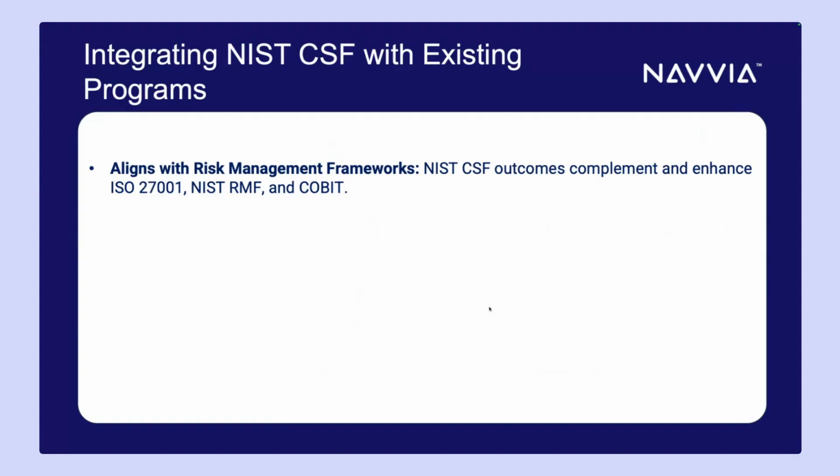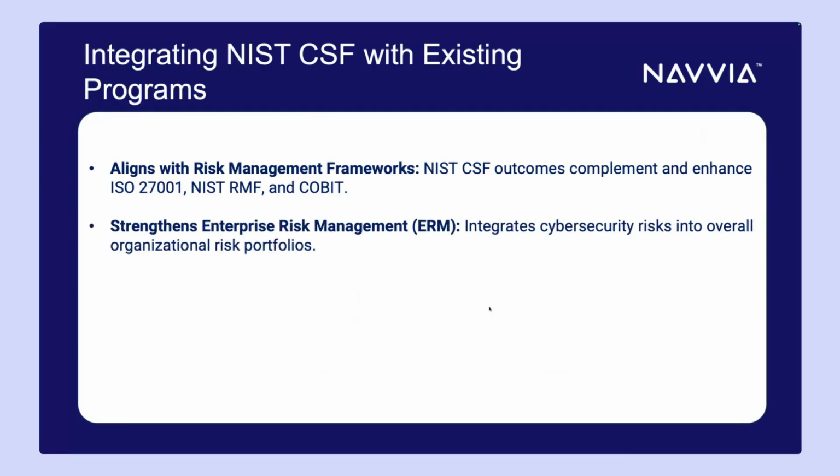And there's actually some good mapping information available where you can see how the NIST CSF aligns. So if you're looking at the NIST CSF outcomes, you're actually looking at the outcomes for the other frameworks as well. It strengthens enterprise risk management.